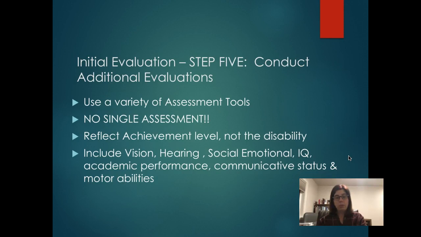And now the team could decide that they need to conduct additional evaluations. They need to be using a variety of assessment tools, not one single assessment. Reflect achievement level, not just the disability. Include vision, hearing, social emotional, IQ, academic performance, communicative status, and motor abilities.